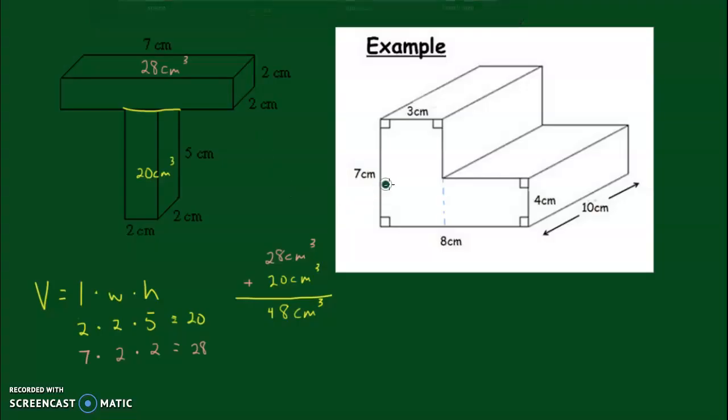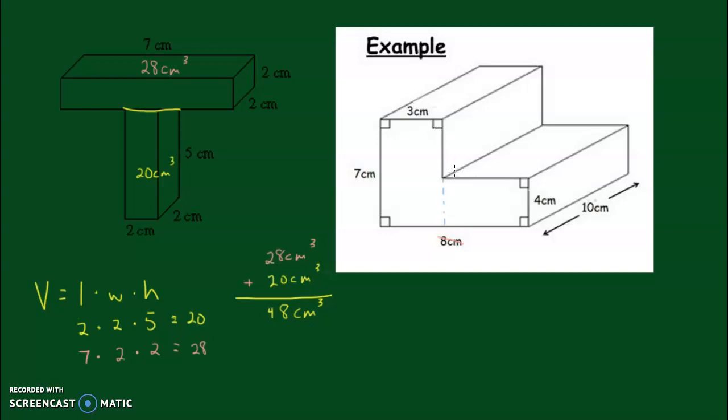So we are going to go with 2 separate sections here. So we're going to look at this section first. Once we brought this line down here, we can no longer use the 8 because the 8 has been divided into different sections, and we have to figure out now what those sections are going to be.